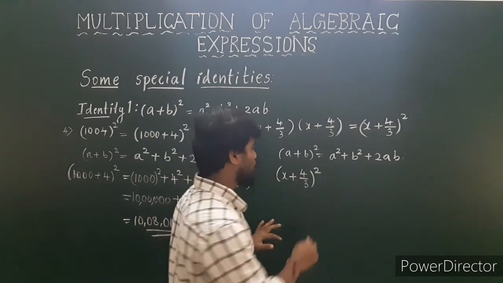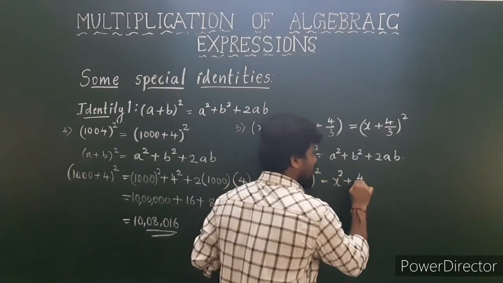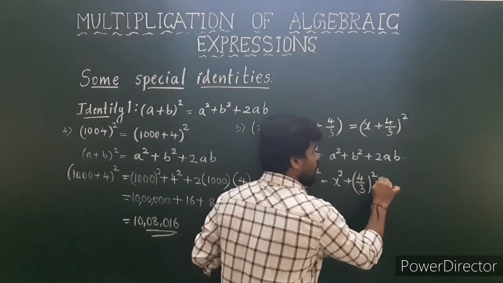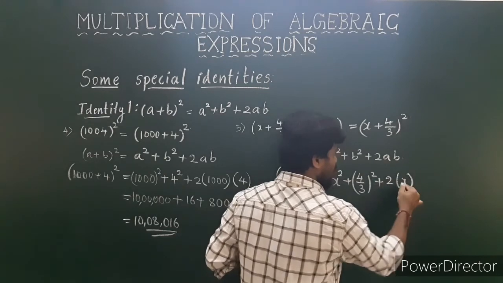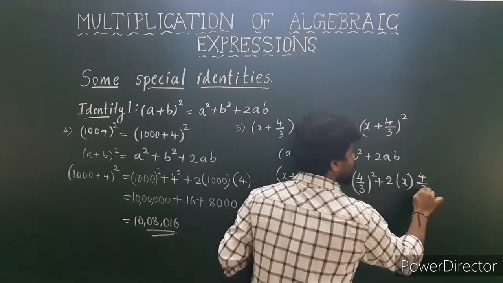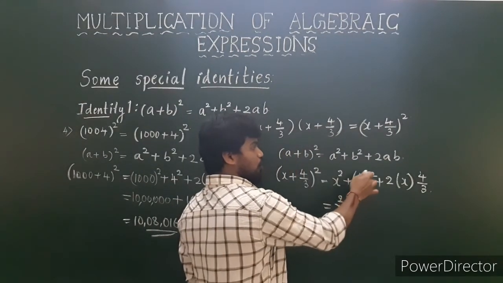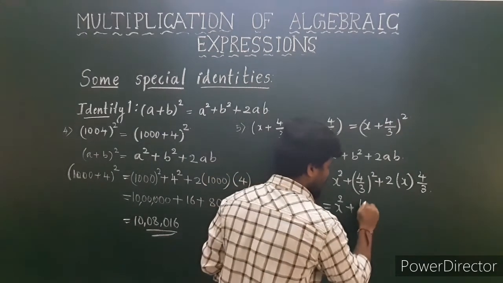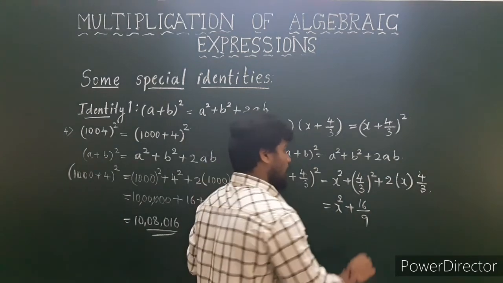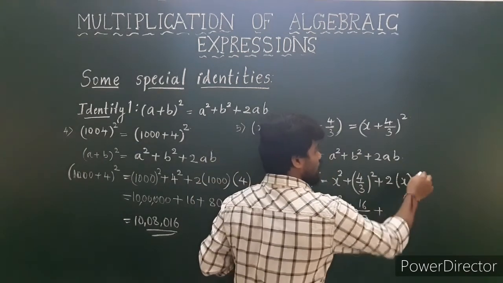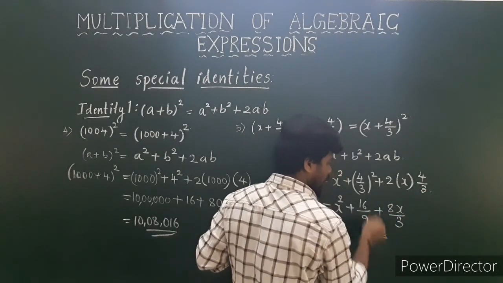So you get x square plus (4 by 3) whole square plus 2 into x into 4 by 3. That is x square plus 16 by 9, since 4 4s are 16 and 3 3s are 9, plus 2 4s are 8, x by 3. So this is our answer.